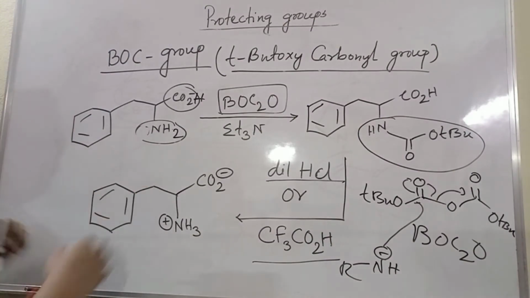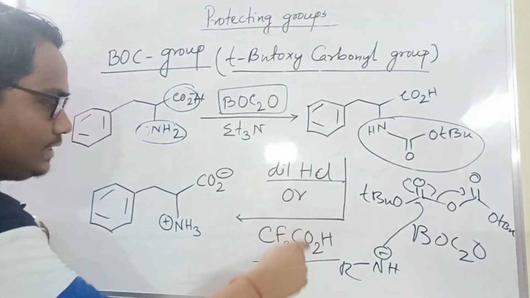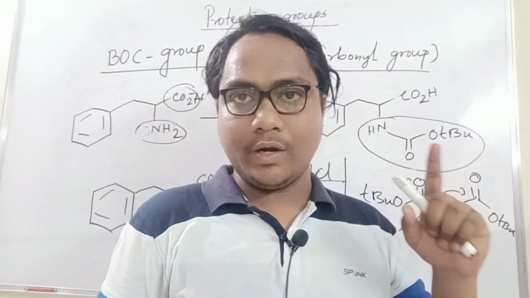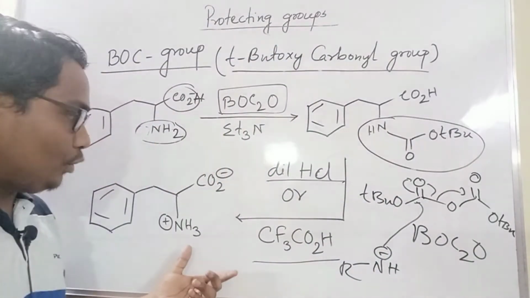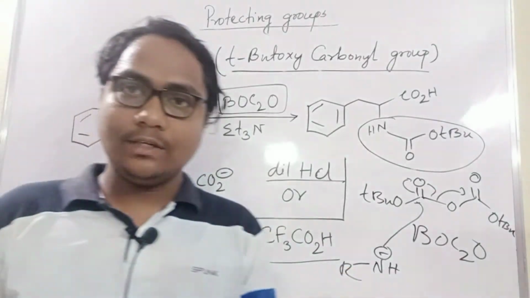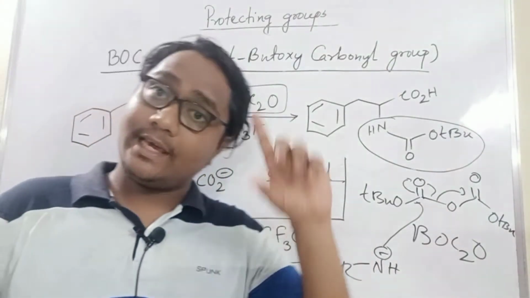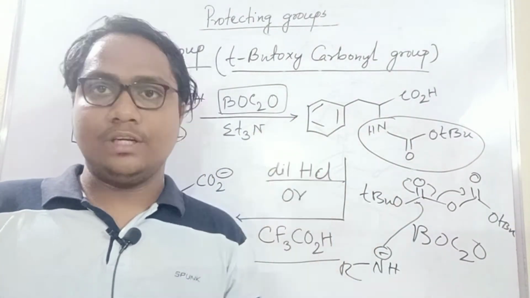So see here Boc2O is like that and this dilute HCl. You can ask me why they use hydrogen palladium as the deprotecting condition there, not acid. Here the deprotecting reagent is acid. In acid condition it will automatically deprotect. So this is the difference, and there benzyl is there. That's why we use hydrogen palladium.